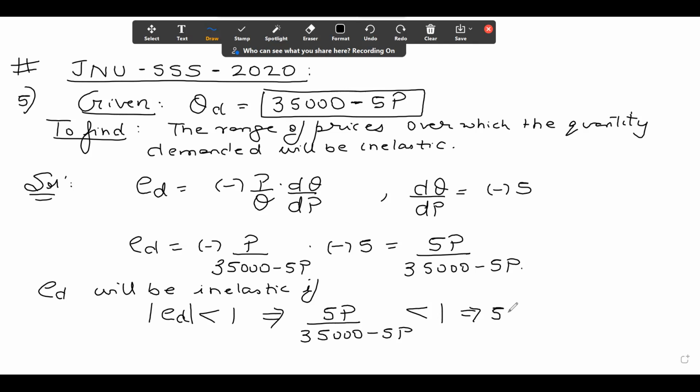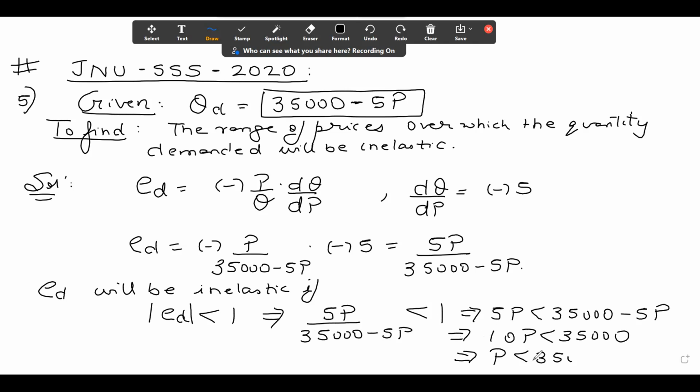This implies 5P should be less than 35,000 minus 5P, which implies 10P is less than 35,000, which implies that P is less than 3,500. Because 35,000, if I divide by 10, I get 3,500.